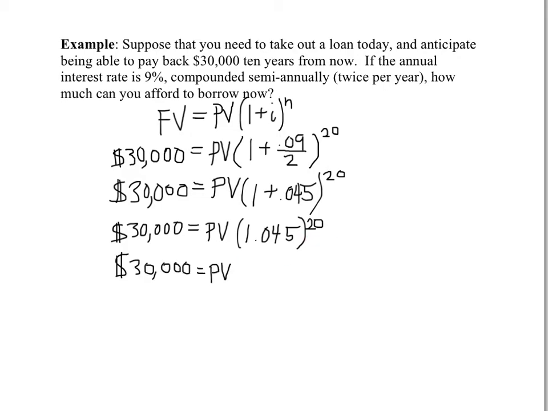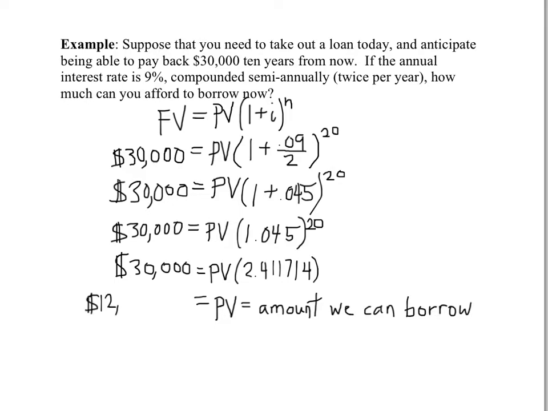That overall 10-year growth factor computes to 2.411714, and when we divide both sides by that number, we find that the amount we can borrow today equals $12,439.29. In other words, we get to borrow $12,439.29 today for the privilege of getting to pay back $30,000 10 years from now. Moral of the story, avoid debt if you can.